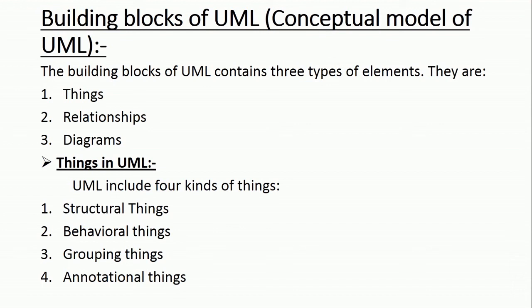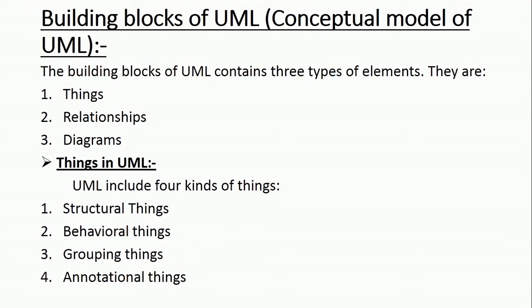The unified modeling language is a general purpose modeling language in the field of software engineering, which is designed to provide a standard way to visualize the design of a system. Basically, the building block consists of three components: things, relationship, and diagrams.